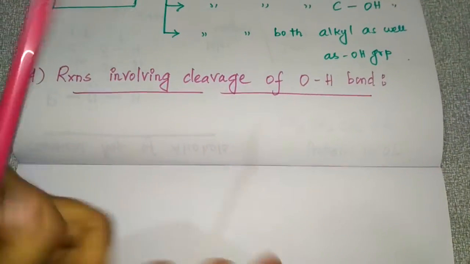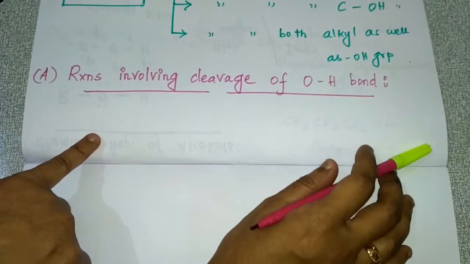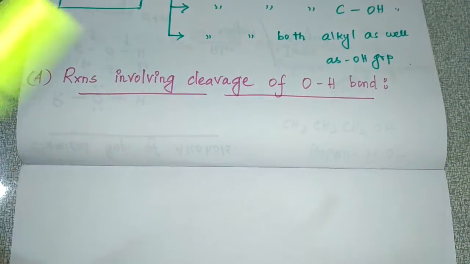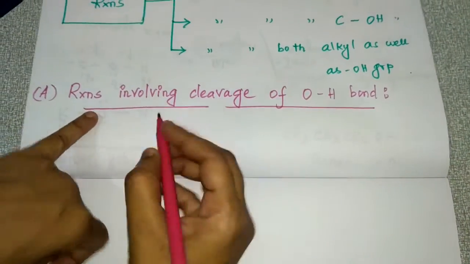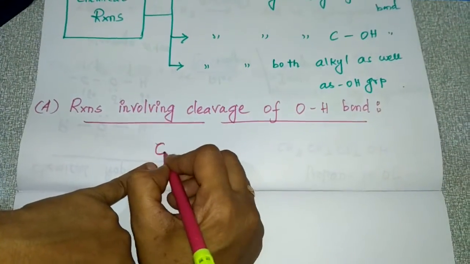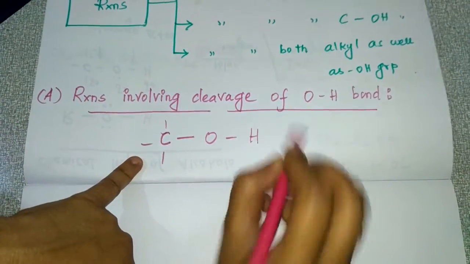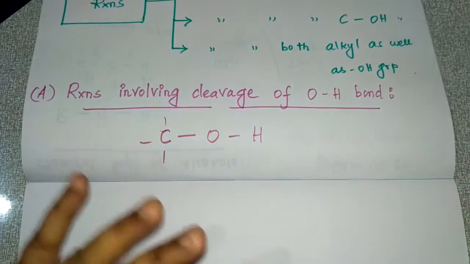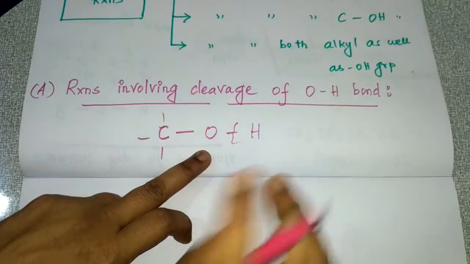So students, next is reactions involving cleavage of the OH bond. In this type of reaction, we are going to see the bond cleavage between oxygen and hydrogen.